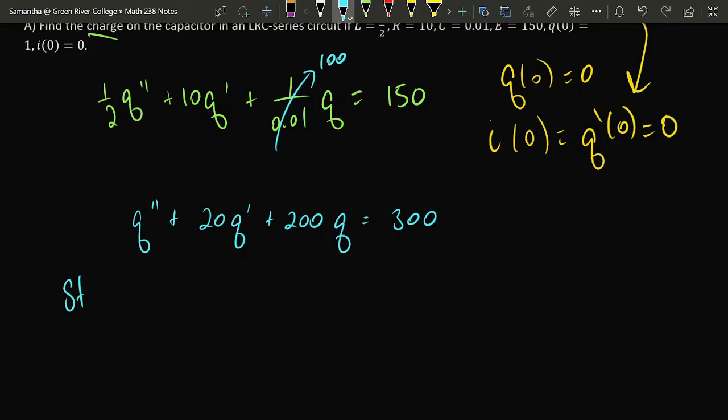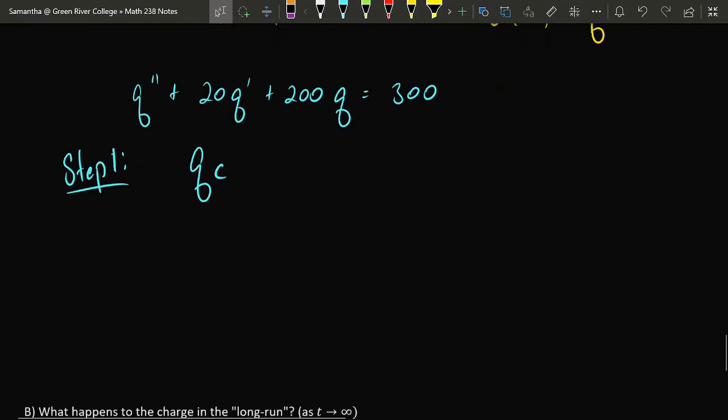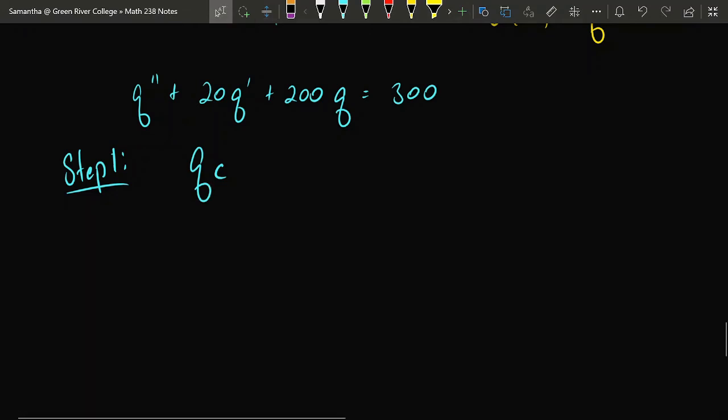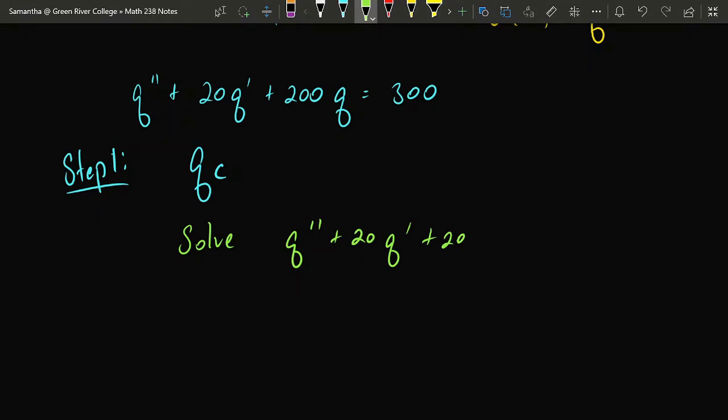So as always, step number 1 is to find the complementary solution. In this case, it might be called Q sub C, the complementary function in the case that our output variable is Q. So we are solving Q double prime plus 20Q prime plus 200Q equals 0.